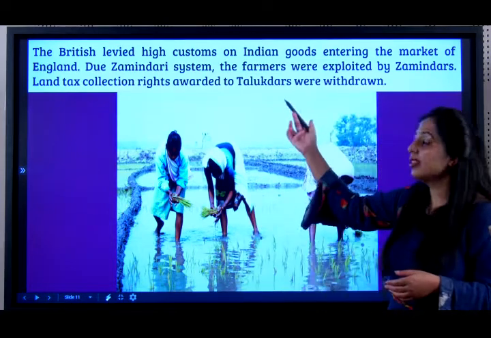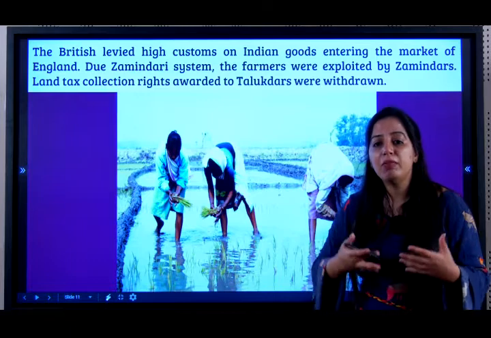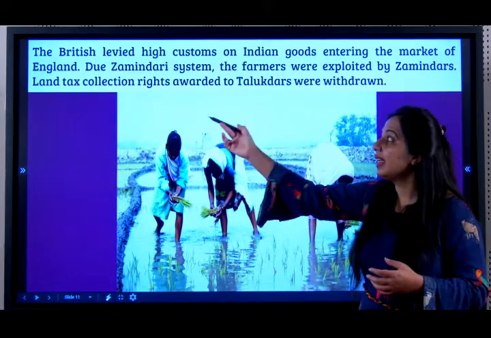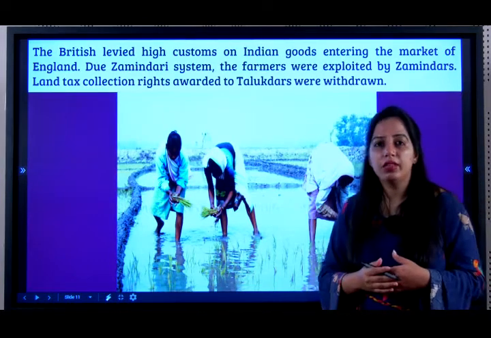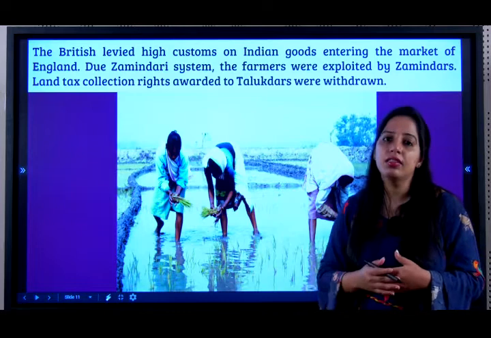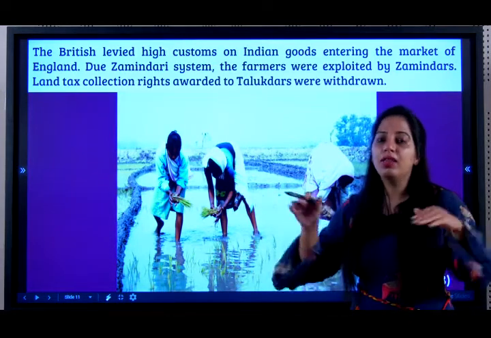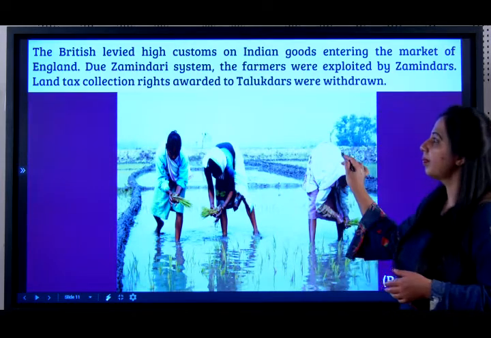There was also the zamindari system because of which the farmers were exploited as the demand for taxes was so high. And the land tax collection rights awarded to talukdars were withdrawn and they were given to the zamindars. So a lot of talukdars as well at the taluk level lost their source of income.